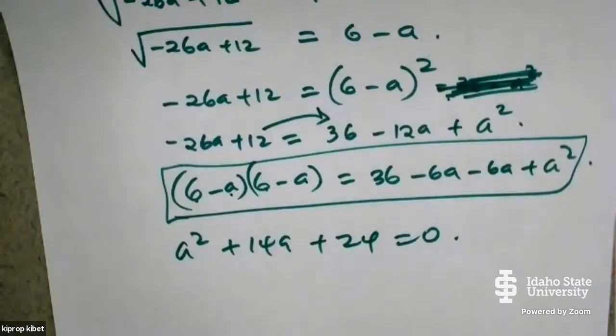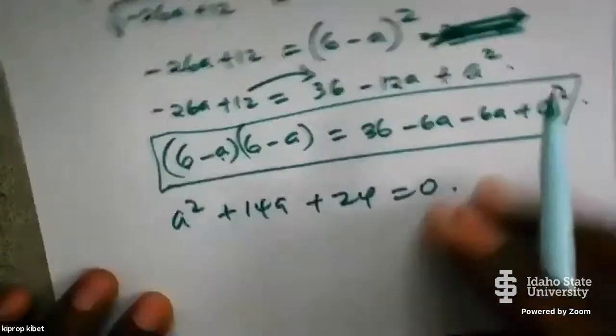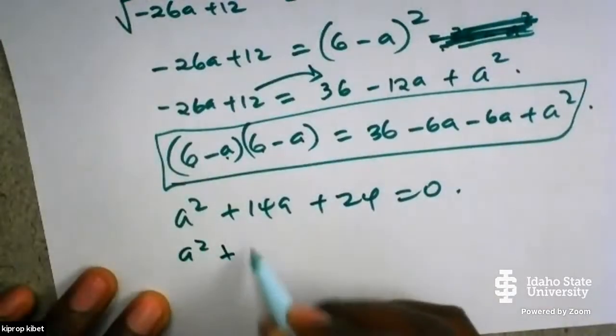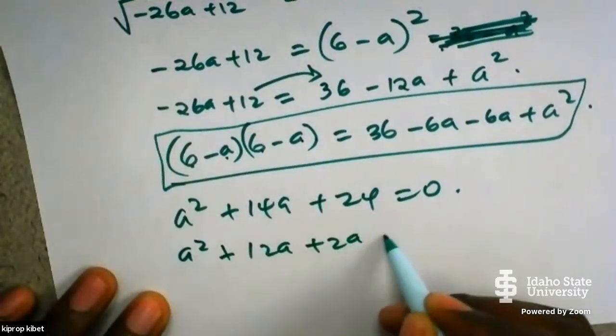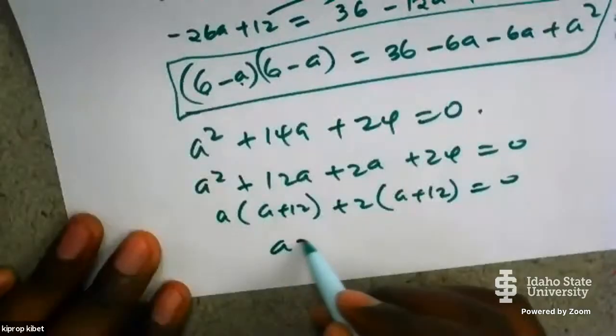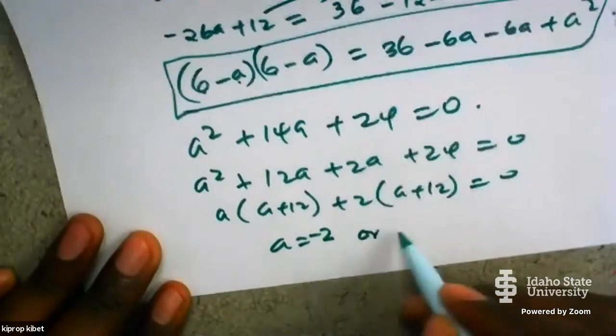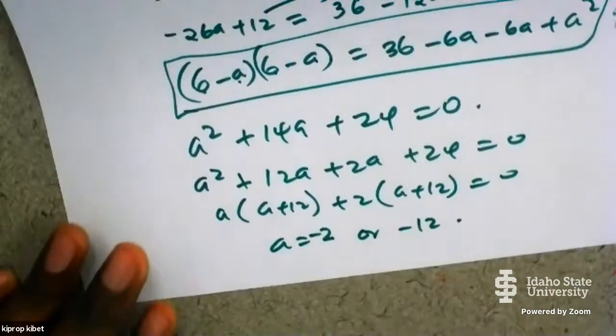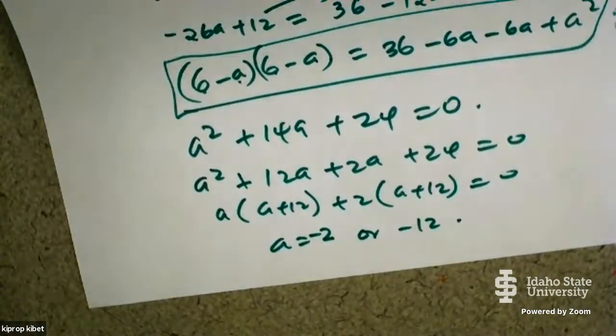So we have a square plus 12a plus 2a plus 24 equals to 0. So a plus 12, plus 2, a plus 12 equals to 0. So a equals to minus 2 or minus 12. So you have two solutions there.